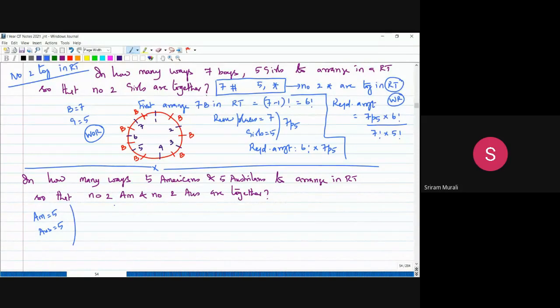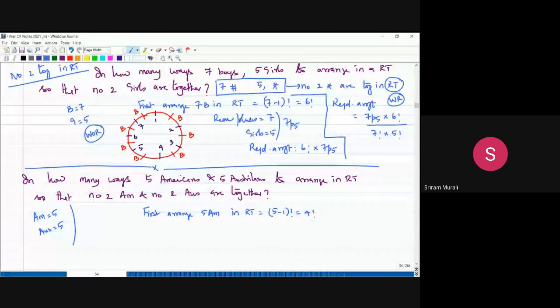The condition is no two Americans together and no two Australians together. First, you can arrange whomever you want, Americans or Australians, so there is no condition. If I arrange the 5 Americans first in a round table, it can be done in (5 - 1) factorial, that is 4 factorial ways.